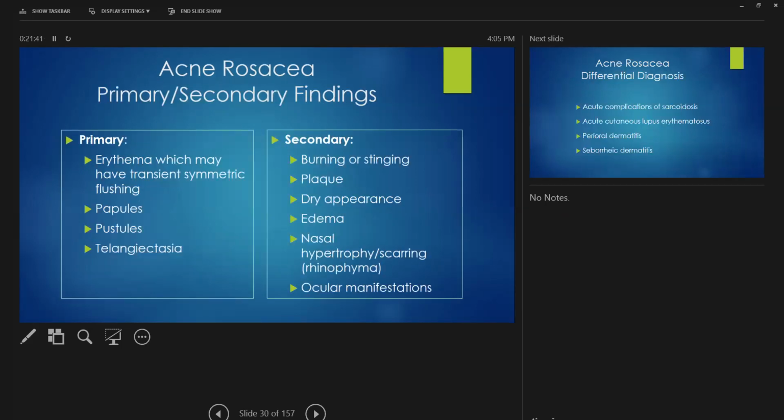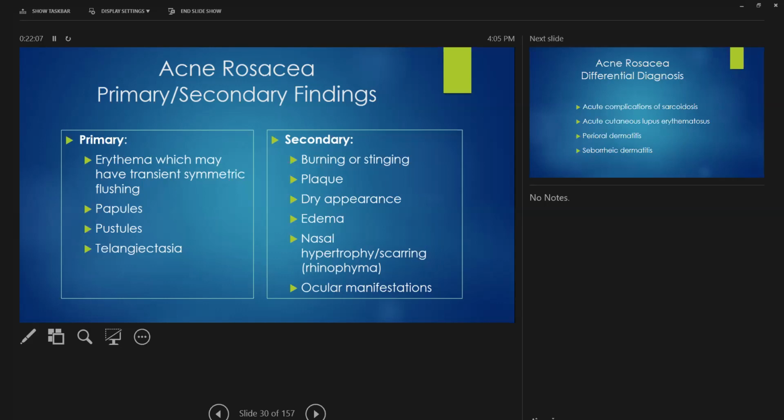So there's primary and secondary findings with rosacea. So the primary findings are basically what we see, and then the secondary are kind of sequelae to that. So primarily there's going to be some erythema. You can have some symmetric flushing. There's going to be some papules, some pustules, and some telangiectasias.